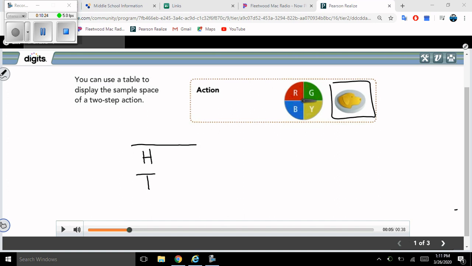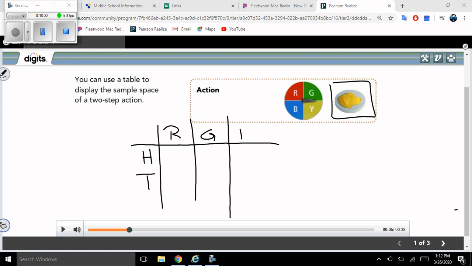And the table could be created on the top by saying, I'm going to go red, I'm going to go green, I'm going to go blue, I'm going to go yellow. Again, order necessarily doesn't really matter here, but obviously you're going to spin first because it's the first picture, followed by the coin flip.